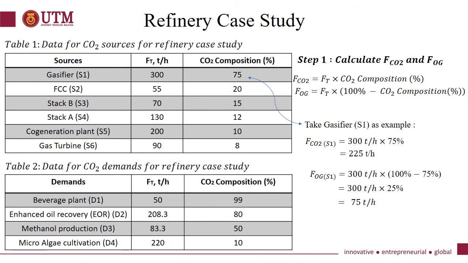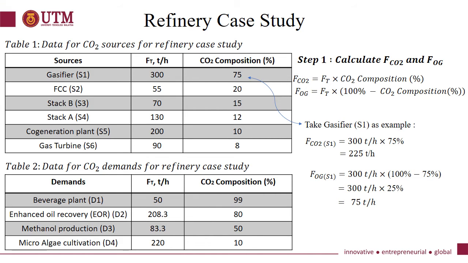As for the flow rate of other gases, FOG for S1 is 300 times 100% minus 75%, which is 25%, which equals 75 tons per hour. Besides using this equation, we could also get the FOG by subtracting FCO2 from FT. Repeat the calculation for FCO2 and FOG for all the sources and demands.